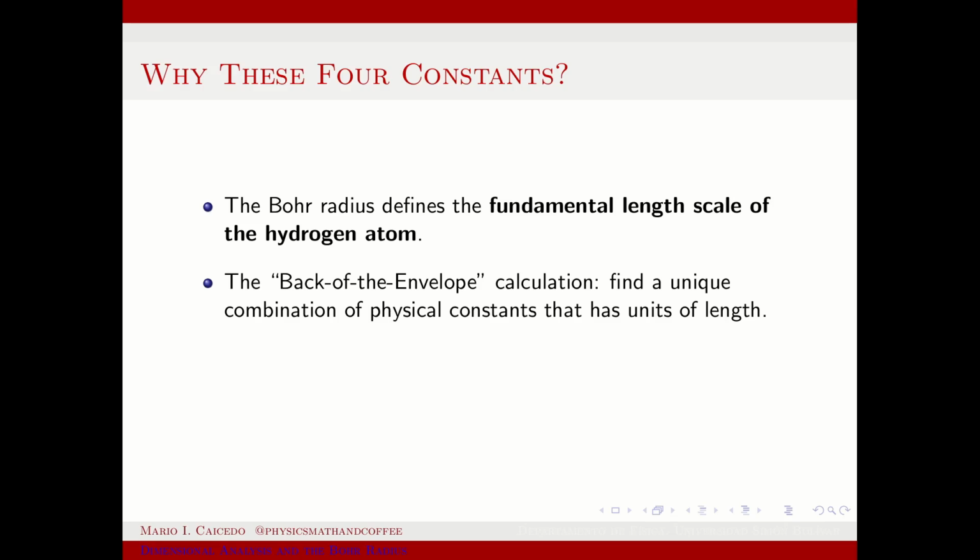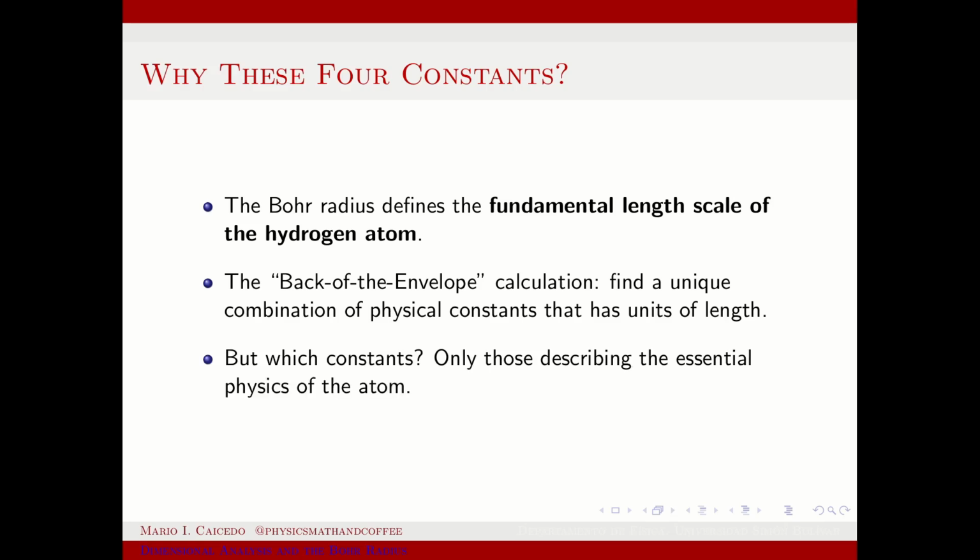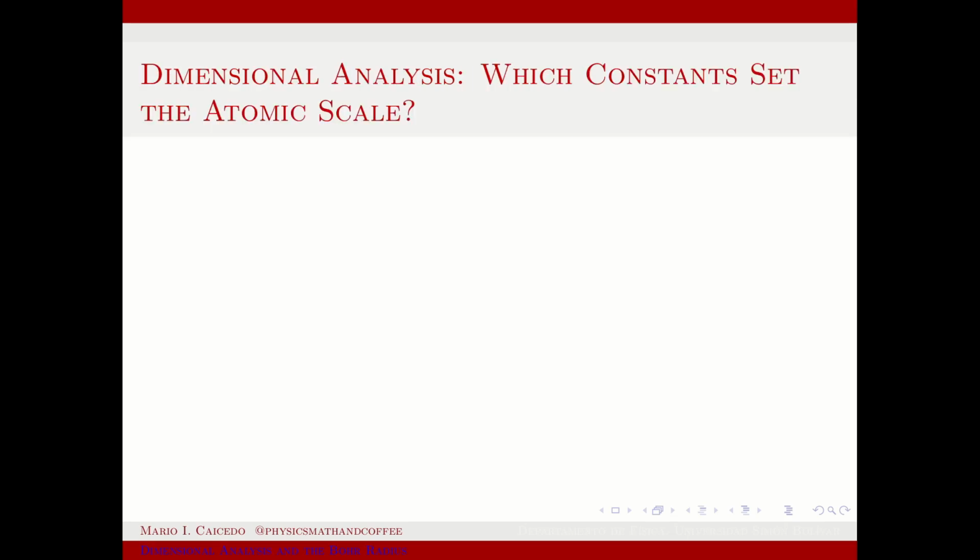Well, it's finding a unique combination, if possible, of physical constants that ends up having units of length. But which constants? And why? Well, only those constants that really are essential for describing the physics that we want to describe. So, what constants are those?